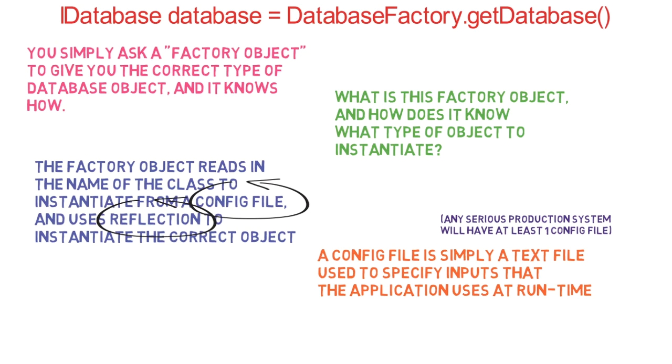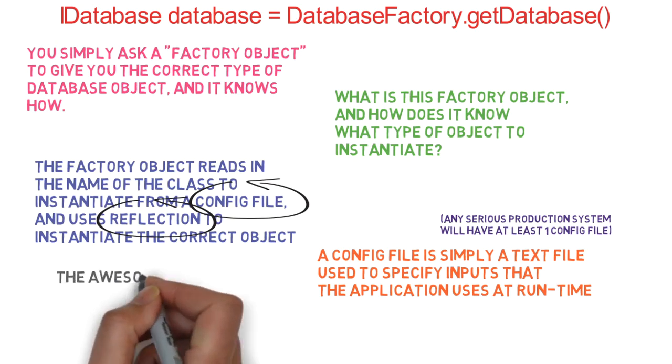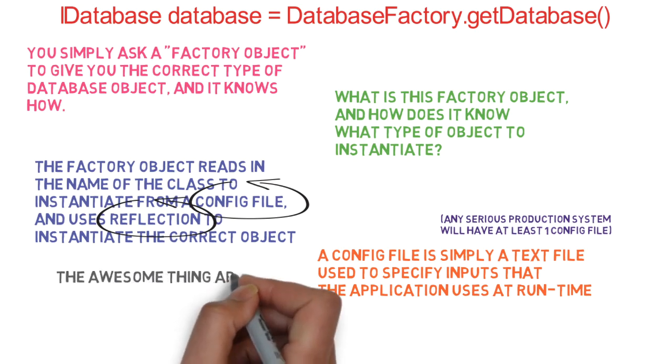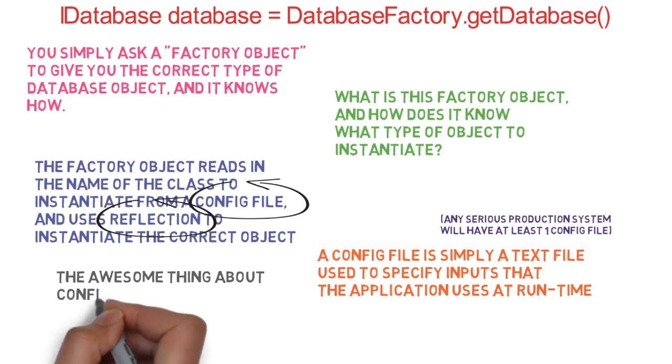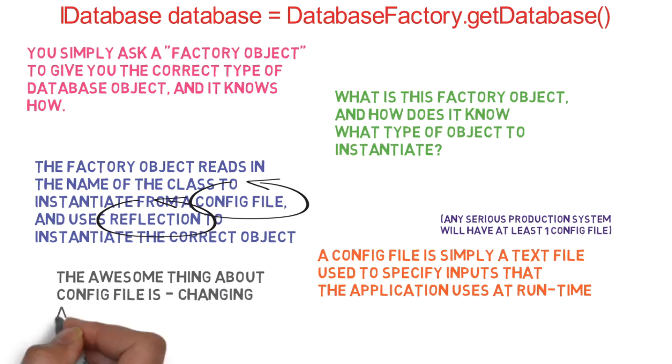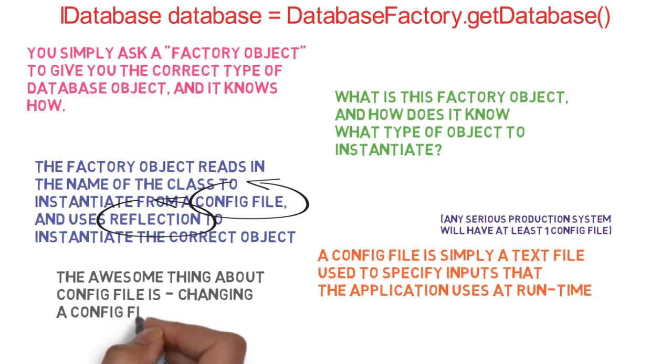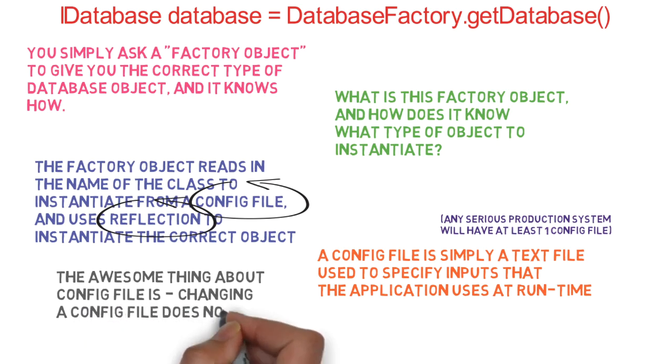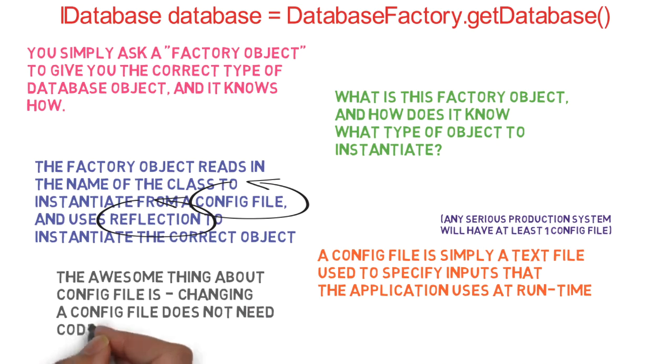The whole idea of using configurations is to decouple things which can be specified after something has been launched to production. The awesome thing about a config file is that changing it does not need code to be changed and re-released. So it's kind of dynamic or runtime behavior which you can affect on a production system without a new release.